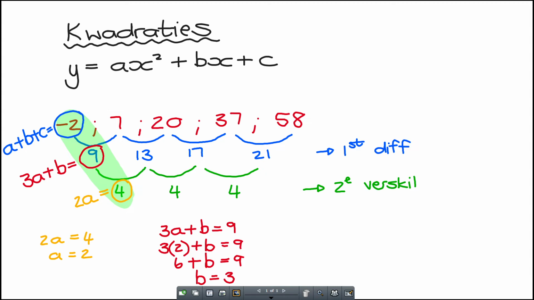Julle kan nie daar sien nie, maar dis A plus B plus C. Okay, so A plus B plus C gaan gelyk wees aan minus 2. Maar het ons nie klaar die waarde van A nie? We already have the value of A, that was 2. What's the value of B? 3. Okay. So we can go work out. C will then be 18.